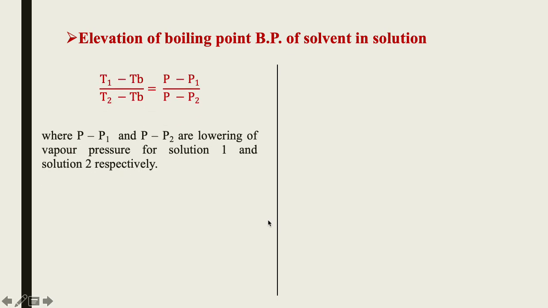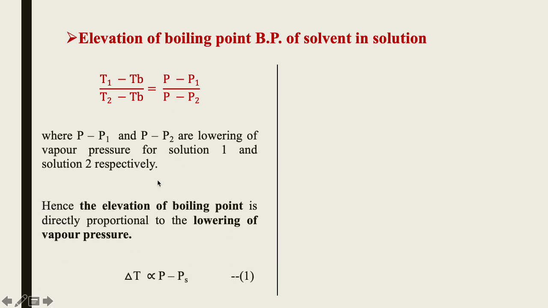You know that P minus P1 and P minus P2 are the lowering of vapor pressure of solution 1 and solution 2 respectively.